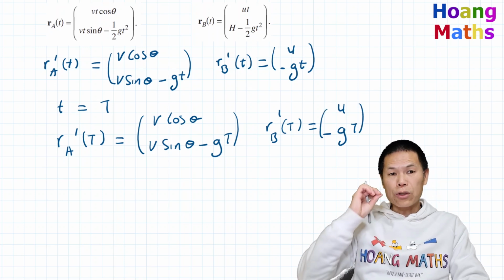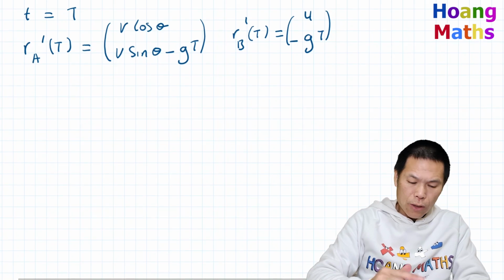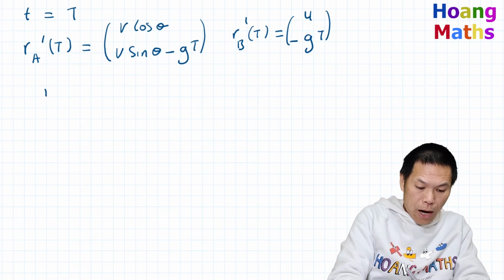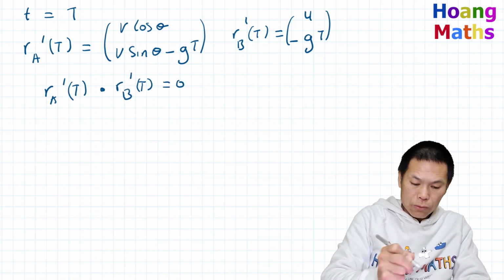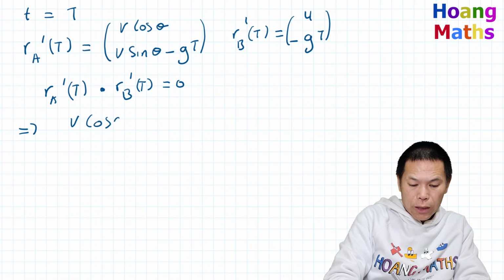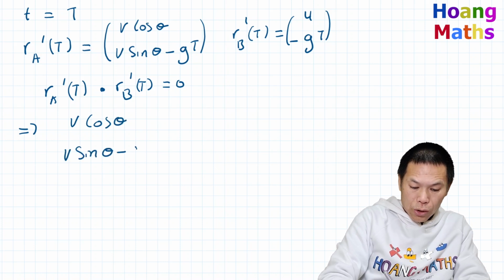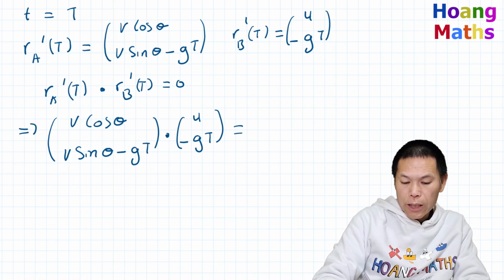And we just find the dot products, equate that equal to 0. So let me just write this down. So we dot them and it equals 0. So this means that v cos theta, v sine theta minus gT dot u, negative gT is equal to 0.